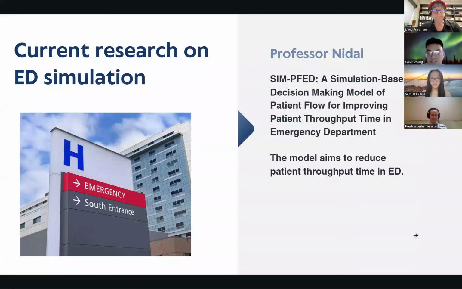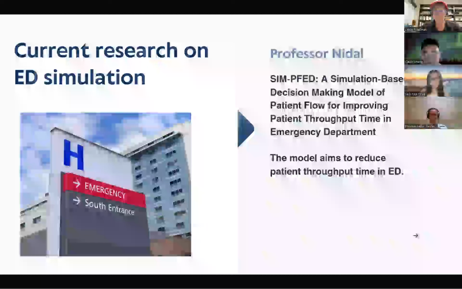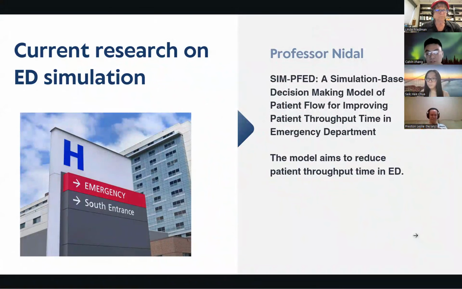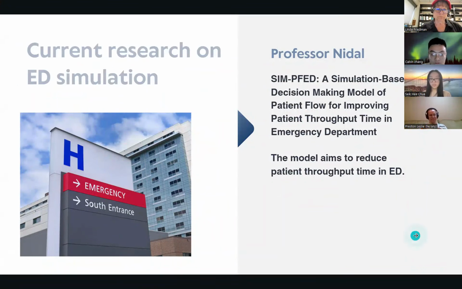Professor Nida came up with a simulation-based decision-making model, whose purpose is to improve patient throughput time within the emergency department. Hospitals across the world can use this model to discover how we can speed up the process for patients moving through the emergency department. I think this study gives us valuable inspiration for designing our own simulation. Next, I'll hand it over to Judy.